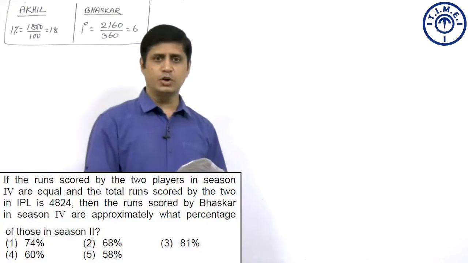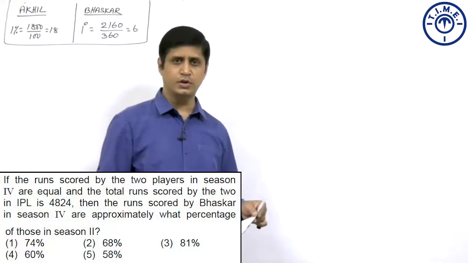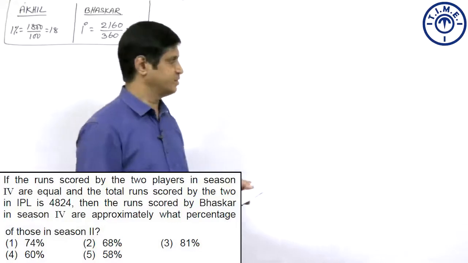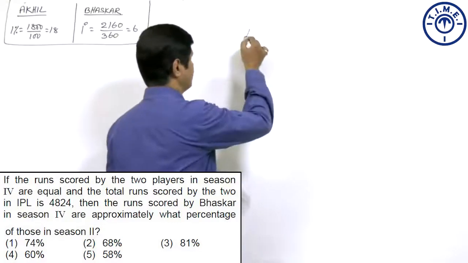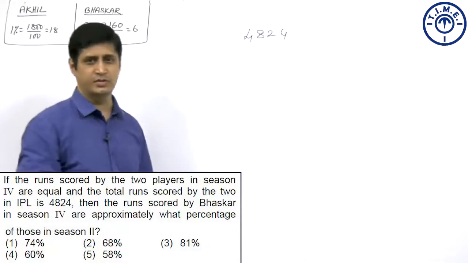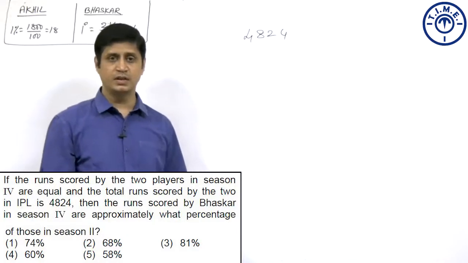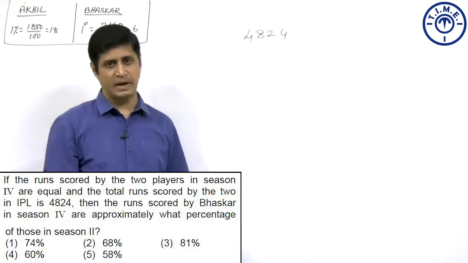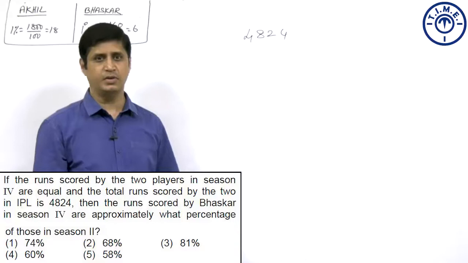Now, what about the total score given here? The total score of these 2 players is 4824. It is the total score in all the 4 seasons. What is the condition given? The season 4 runs scored by the 2 players are same, equal.